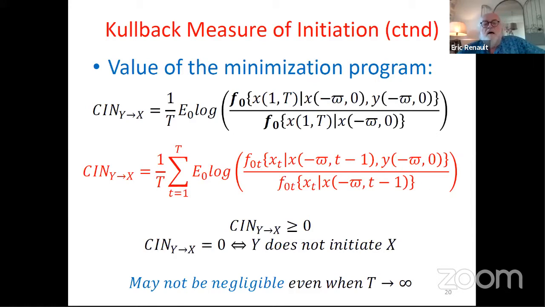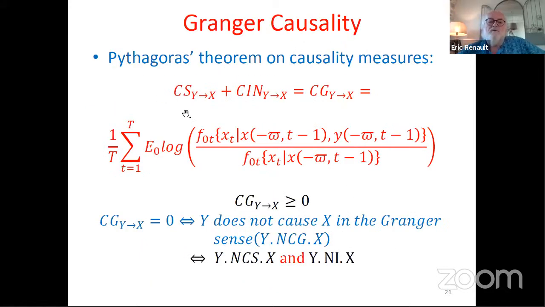Now, if you add these two, the Sims causality measure and the initiation causality measure, you end up with a measure with a G, like Granger, because it is a Granger causality measure: it compares this with what you would do if Y does not cause X in the Granger sense.